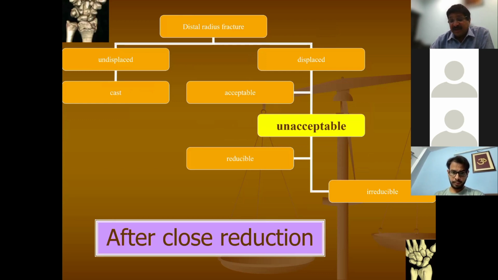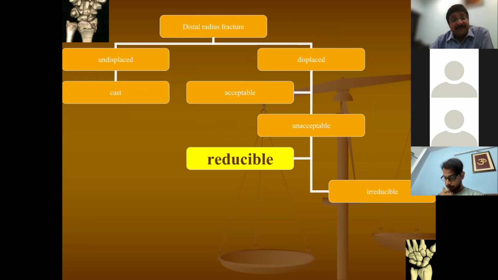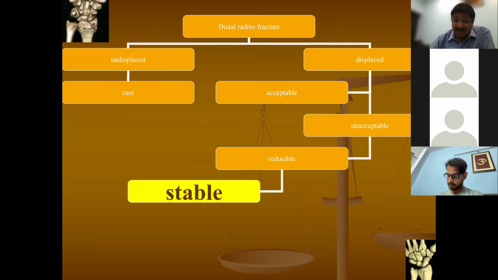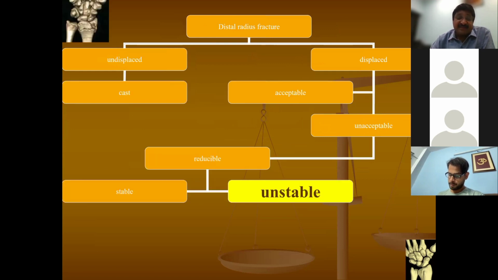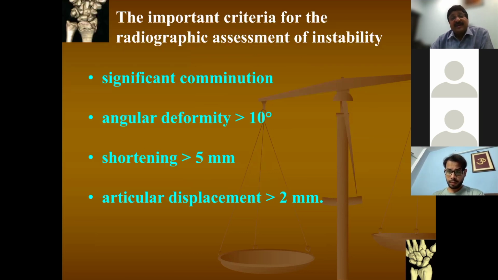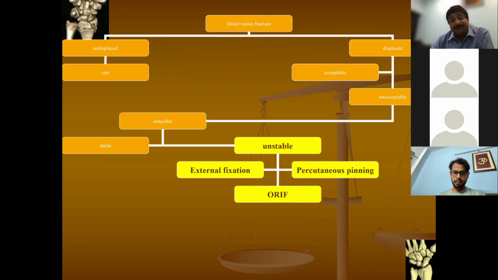After closed reduction, if the fracture is reducible and stable, we treat it in a cast. But if the fracture is reduced but unstable, how do we define unstable fractures? Fractures can be unstable on radiology if there is significant comminution, an angular deformity of more than 10 degrees, shortening of more than 5 millimeter, or articular displacement of more than 2 millimeter.